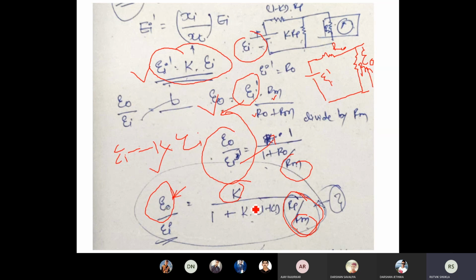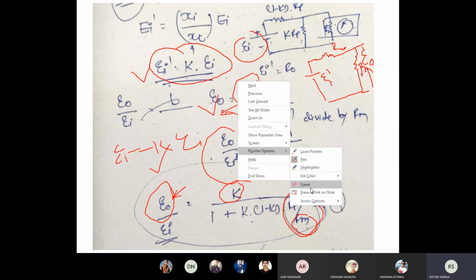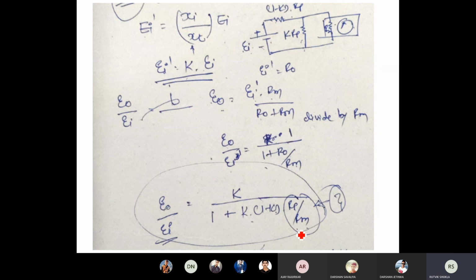Now simply if you see this equation, now imagine if you are having a voltmeter which has an internal resistance RM of infinite, then what will be the output? કોઈ કહી શકશે? Anyone? Zero. Overall equation માં શું થઈ જશે?